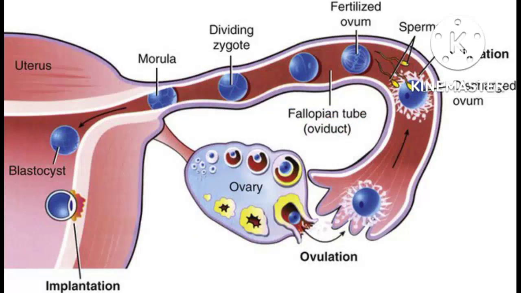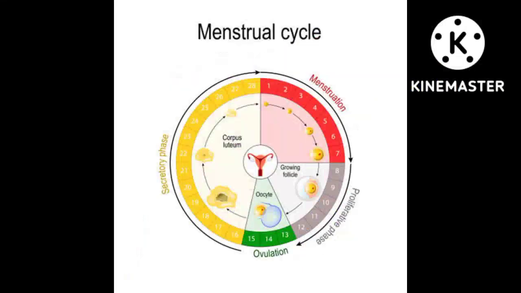If fertilization occurs, then the secondary oocyte will be converted into a fertilized ovum, and this will lead to the formation of a third polar body. If fertilization does not take place, then the secondary oocyte disintegrates and meiosis 2 is not completed.